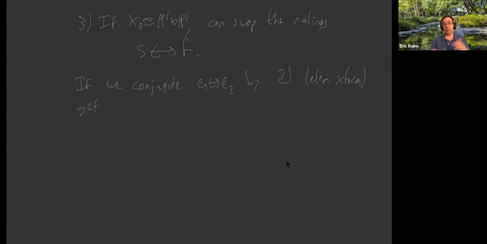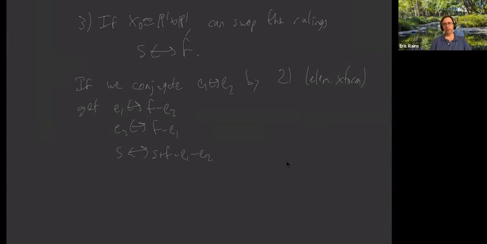We get something which preserves the parity because we conjugated by this thing that negated the parity. And we get an operation which is taking E1 to F minus E2 and E2 to F minus E1 and S to S plus F minus E1 minus E2.